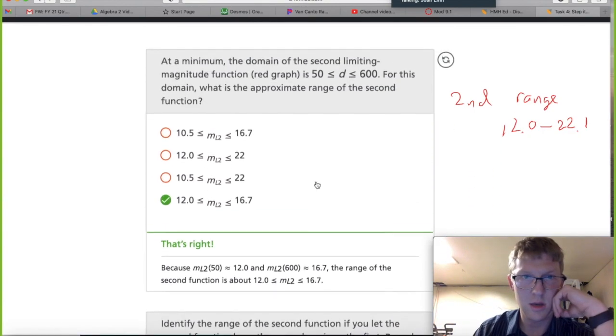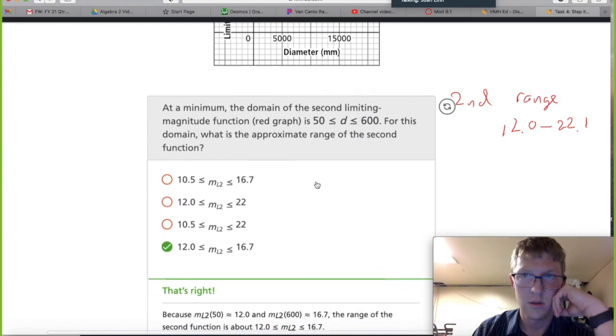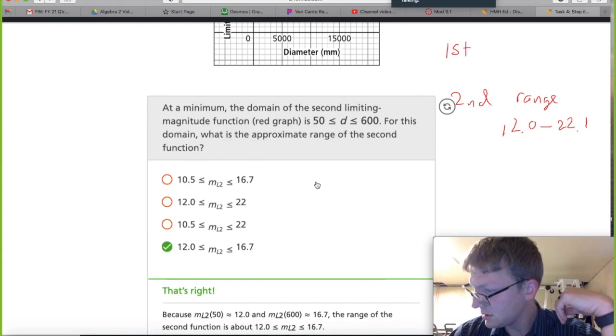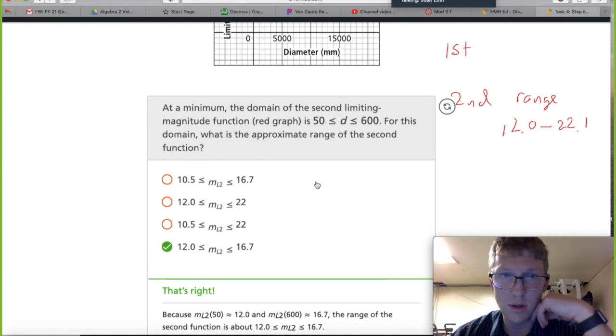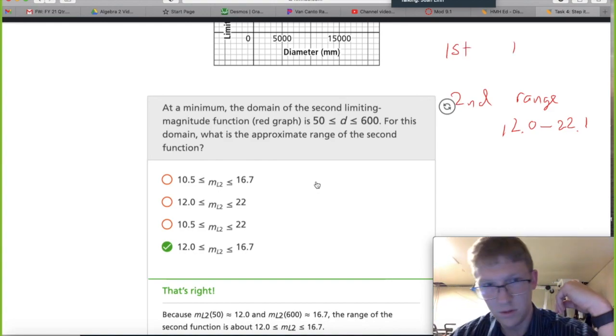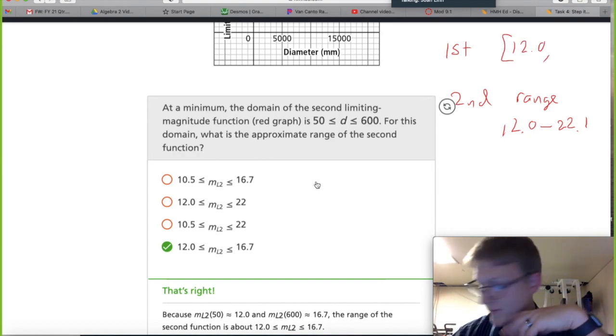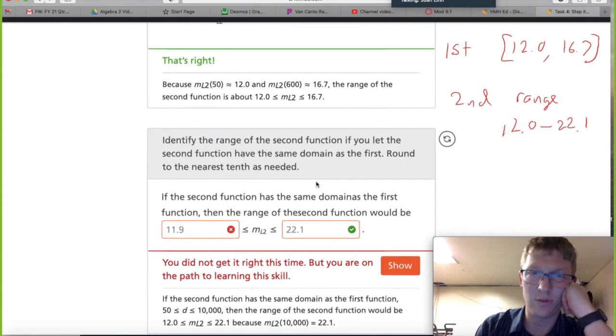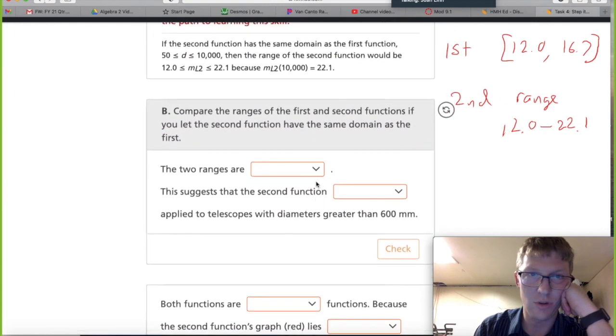And then the first, again, this is the professional one, is 12.0 to 16.7. And that one is in interval notation, just to show you.